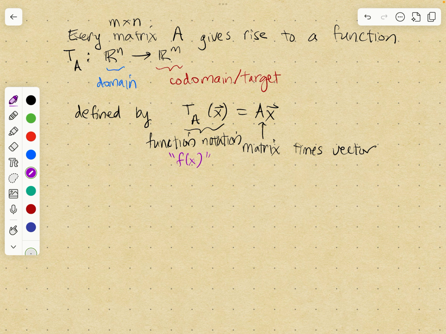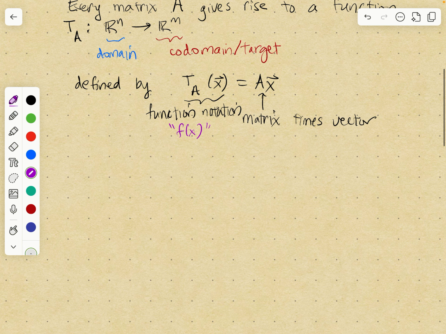That's the same thing that I have here. So I have a different notation. Here I'm thinking of plugging x into the function T sub A, and then on the right I have an actual matrix times a vector. So x is a vector in Rn, and then the output is an element of Rm, right?